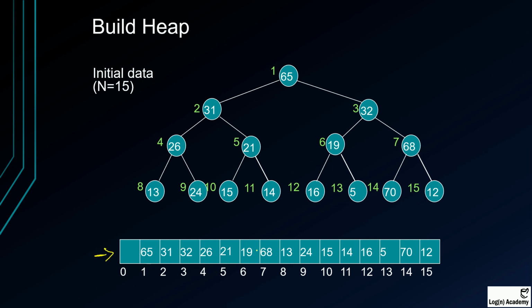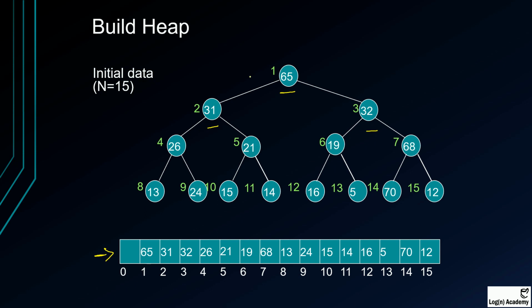This time, what I have done is I've created a tree, and this is an unordered tree. The values are at the same places as in the array. So 65 is the first one, 31 is the second one, 32 is the third one, and as you can see, this is not a min heap, right?